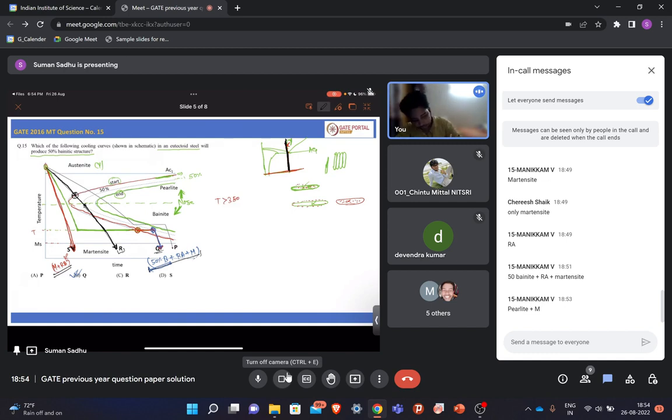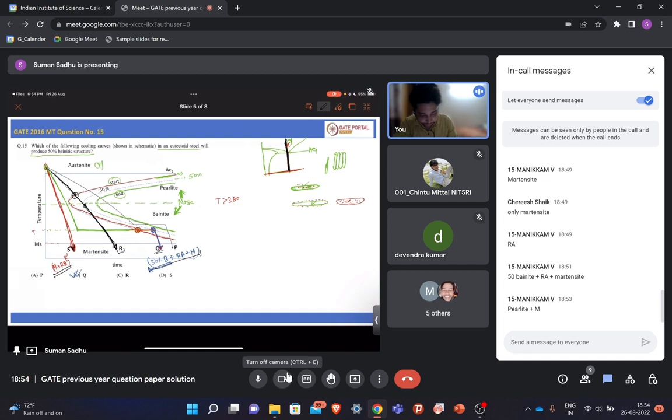So up to this point, there will be pearlite formation, mostly 50% pearlite will be produced, and the rest of the part will be retained austenite. Okay, so this retained austenite, when it is coming below the Ms temperature, some parts of it will transform into martensite.